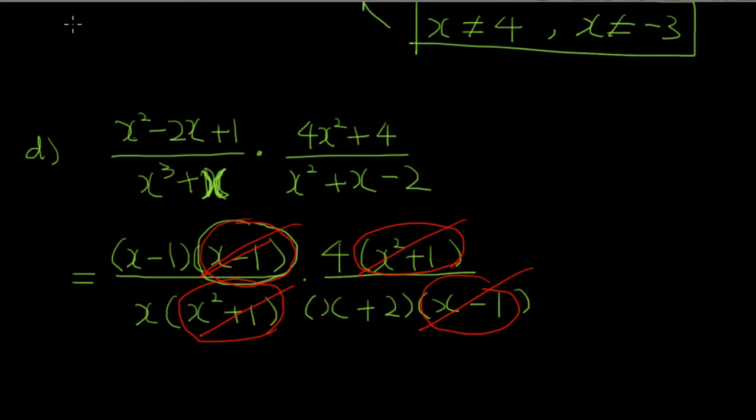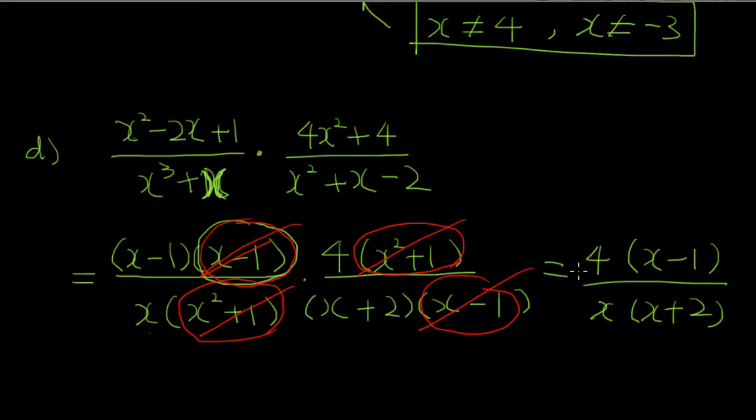So when we cancel all that, what's left behind? Top part we have 4 and x minus 1. Bottom part we have x and x plus 2, like this.